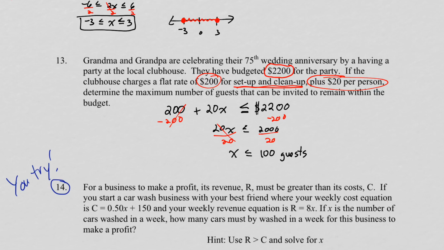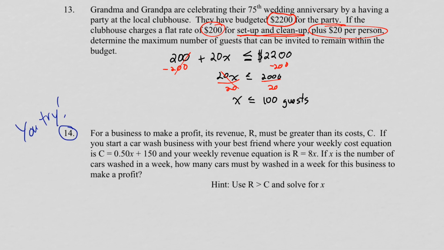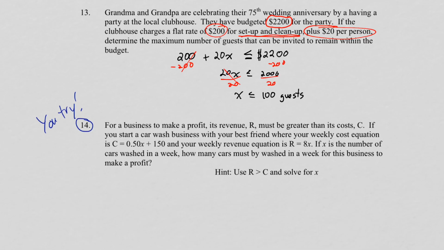That's a very, very relevant and practical application of solving linear inequalities. Hopefully you can use that type of mentality for future issues when you're planning something important and expensive. So why don't you try number 14?